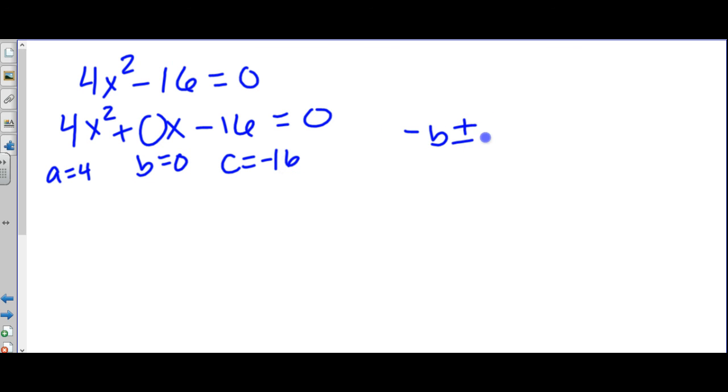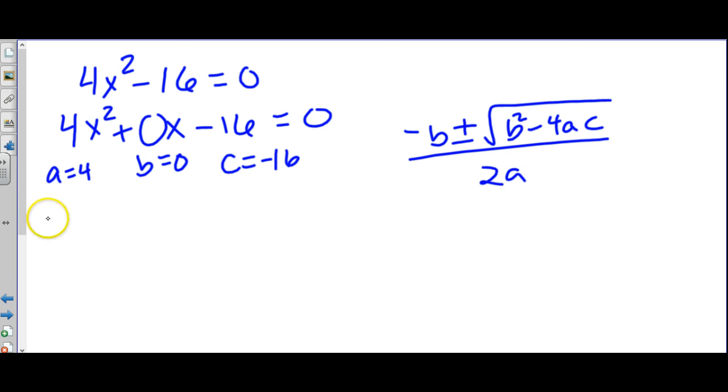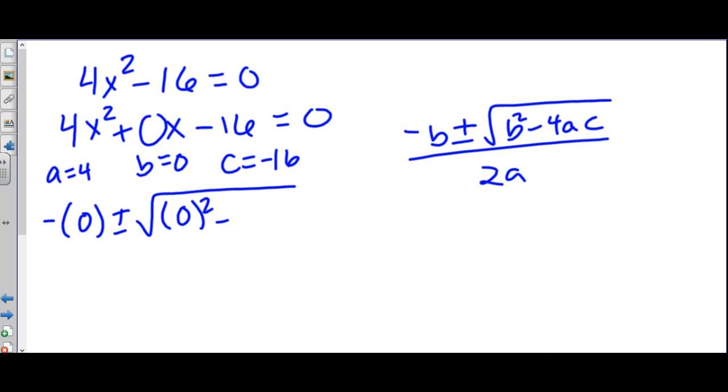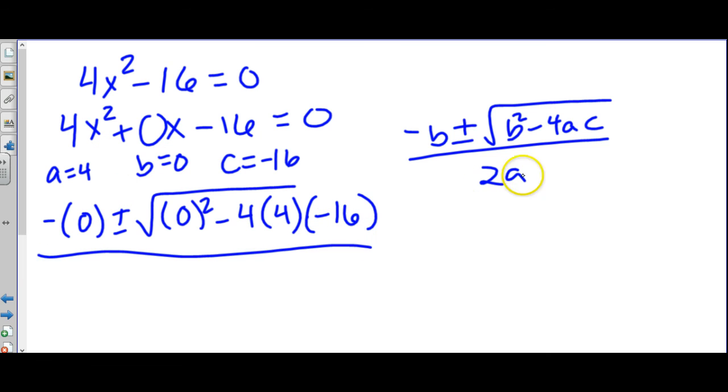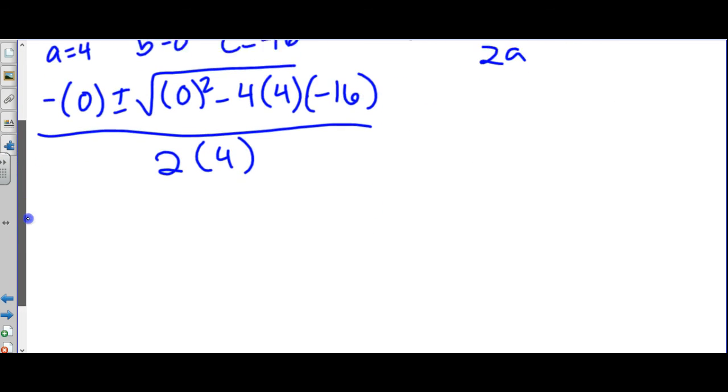Again, plugging into that quadratic formula, we have negative b replaced by 0, plus or minus square root of b squared, again b is replaced by 0, minus 4 times a, which is a positive 4, times c, which is negative 16, all over 2 times a, which again was positive 4.